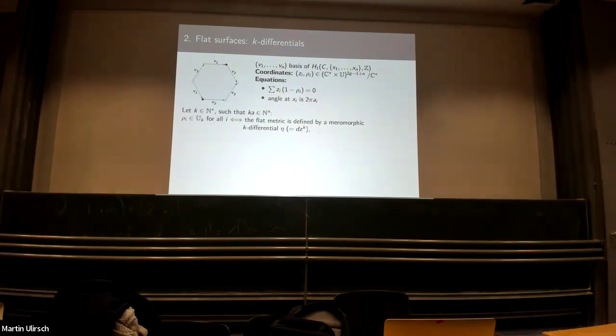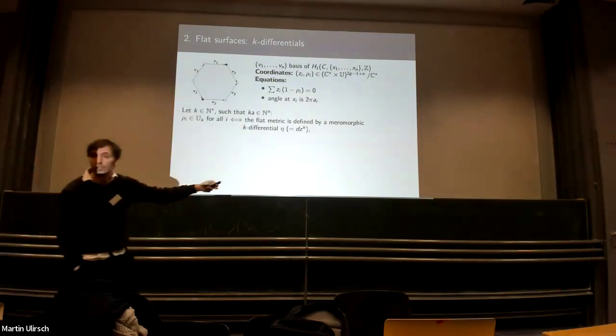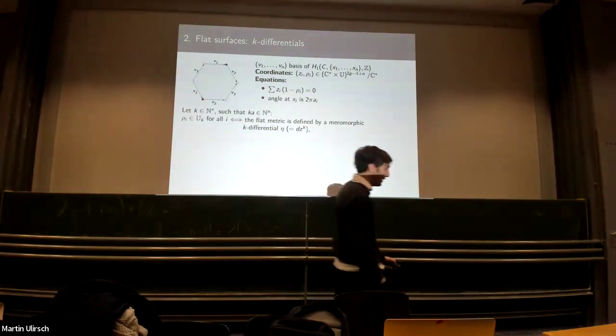If I take dz and look at the transition map, for instance, when I go out here and enter here, you will see that dz is transformed into ρ dz. But if all of my ρ_i are in μ_k, then dz to the k will be transformed into dz to the k. So dz to the k is well defined.